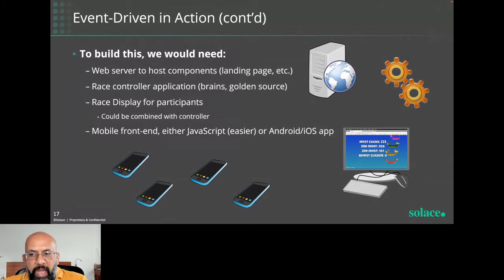This could be a standalone application or it could be combined with a controller. And last but not least, the front end. It could be coming through a browser or it could be a mobile, so there is a possibility of using JavaScript or Android, iOS app. And you can expand if you have a different kind of front end. So this is what we have done, right?